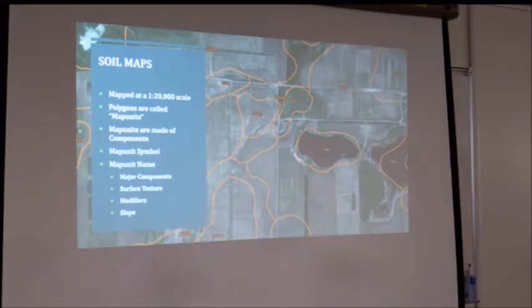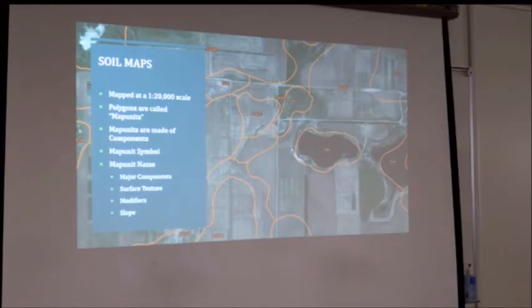Going into the soil map, you can see within the polygon there is a small letter followed by some numbers followed by another letter. That's what we call our map unit symbol. For example, the wetland you can see in the middle is F4A. F4A would be the map unit symbol. And then that symbol corresponds with the map unit name, which identifies the major components within that map unit.